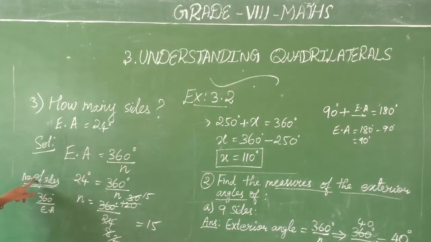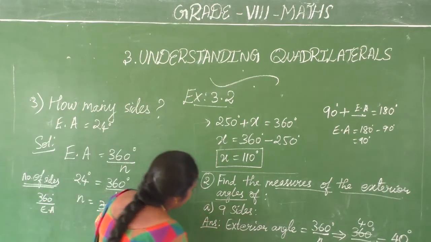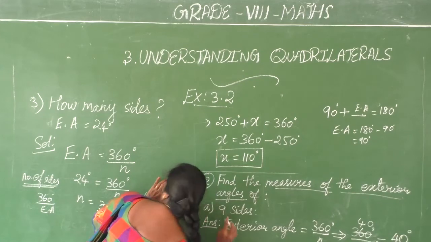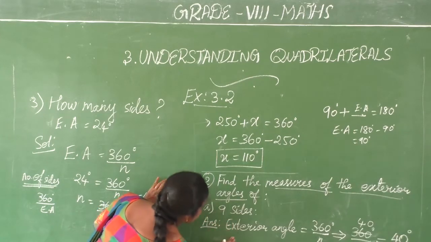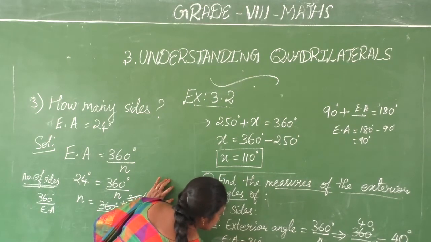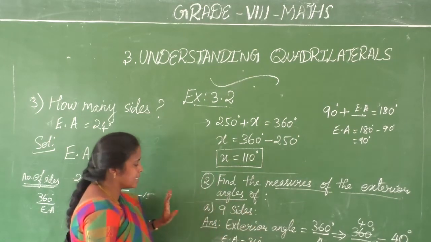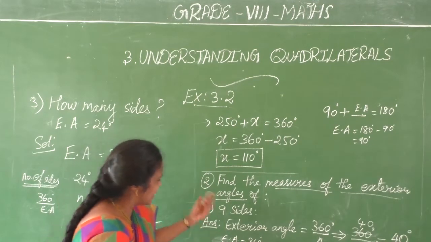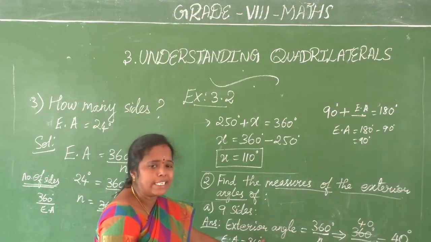For finding the number of sides of any polygon, you have to divide 360 degrees by its exterior angle. And for the exterior angle, you have to divide 360 degrees by the number of sides. This is the difference between both. Whatever is given, by that you have to divide 360 degrees.